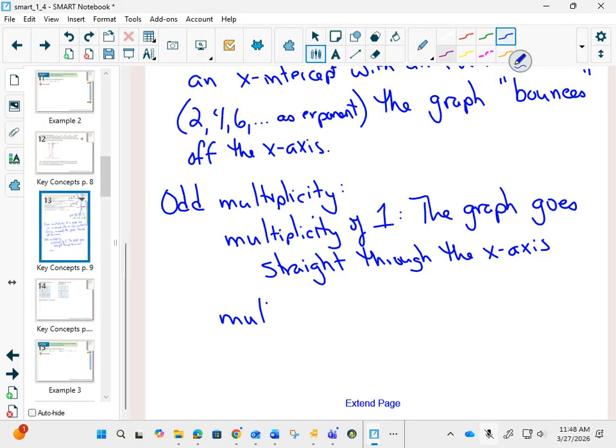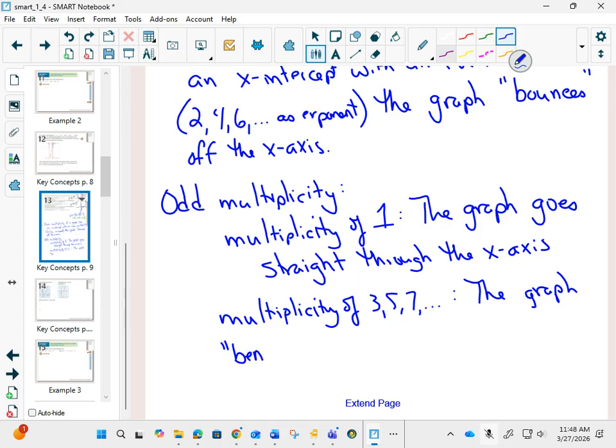But any odd number bigger than 1, and again, these are my words, you can either use the word bends. They really like it if you use flattens out, at the x-intercept.